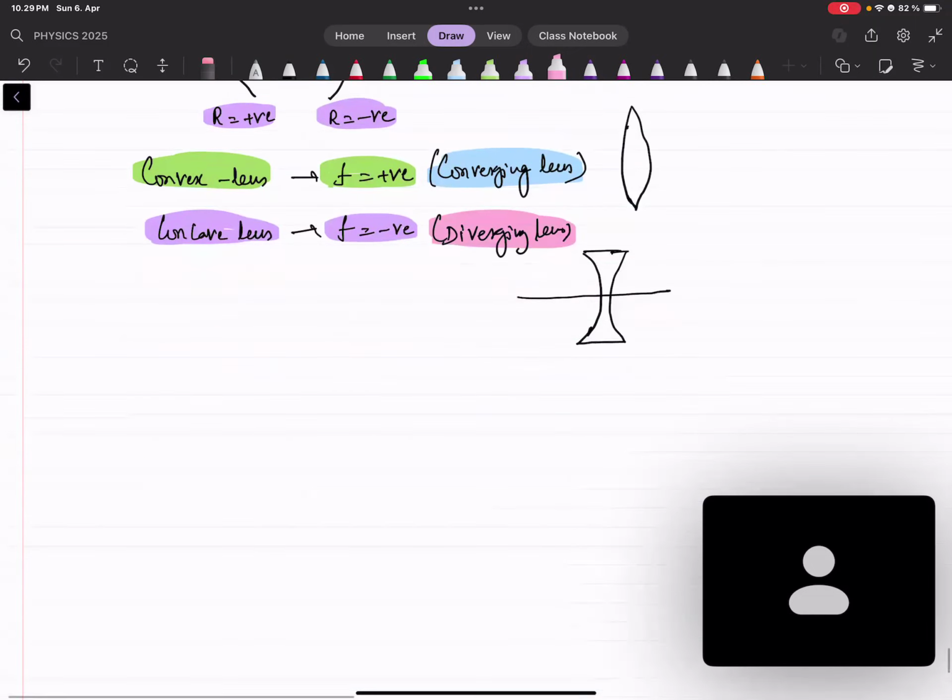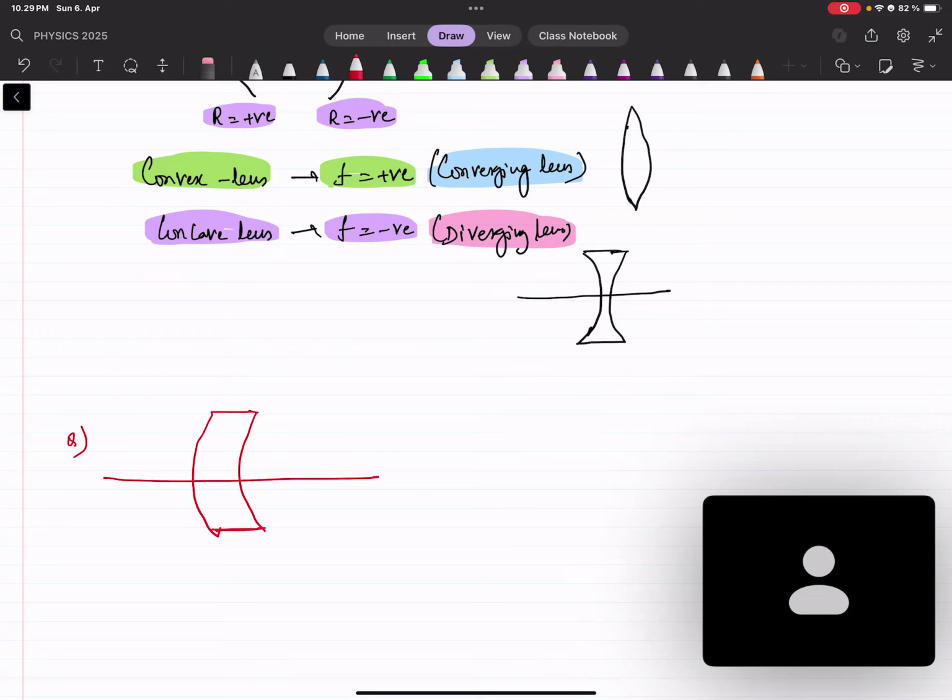Let me give you a small question. See how many of you can do it. If the lens is of this shape, this is your principal axis.